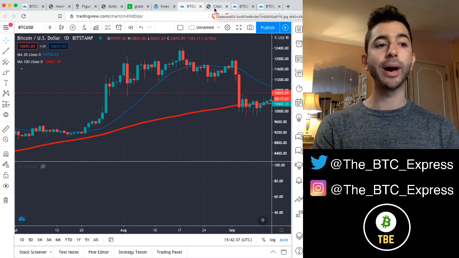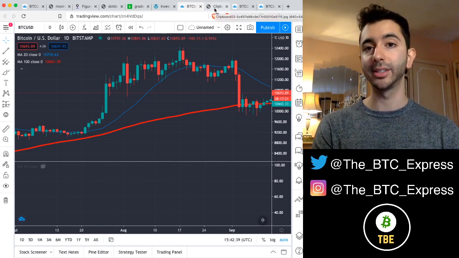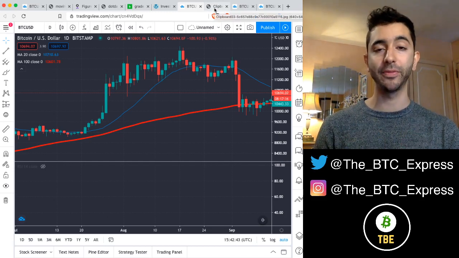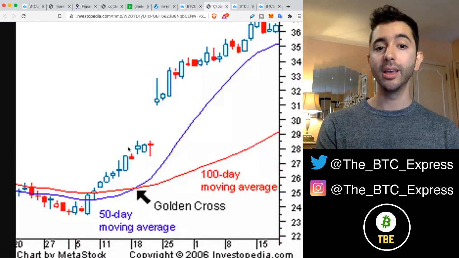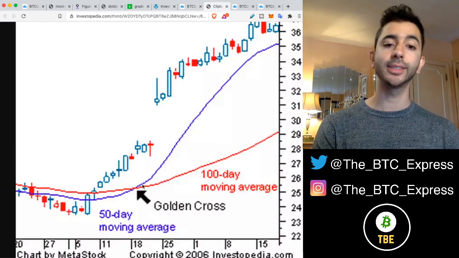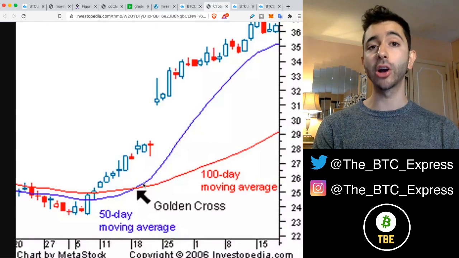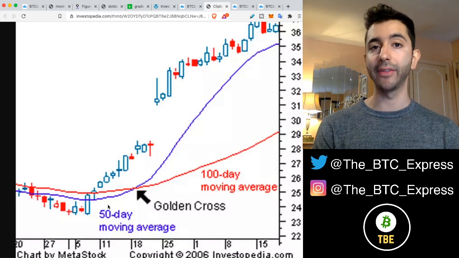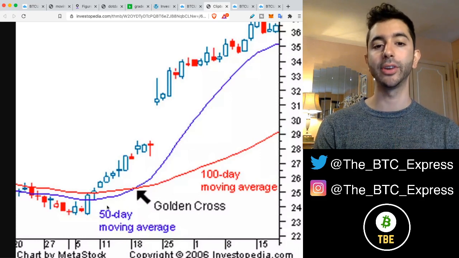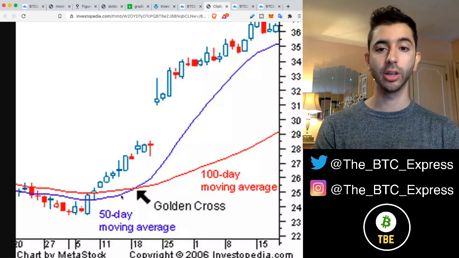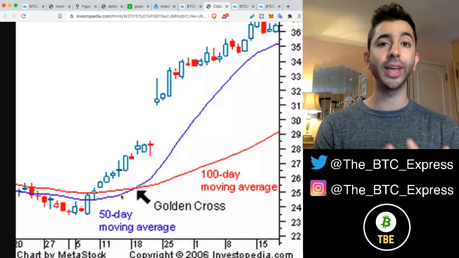So now that you know about support levels and resistance levels, let's talk about the golden cross. This is something that you might have heard about before, the golden cross. This is where a shorter term moving average crosses above a longer term moving average. So in this case, if the 50-day moving average, the shorter term moving average, crosses above the 100-day moving average, the longer moving average, this is considered a golden cross.